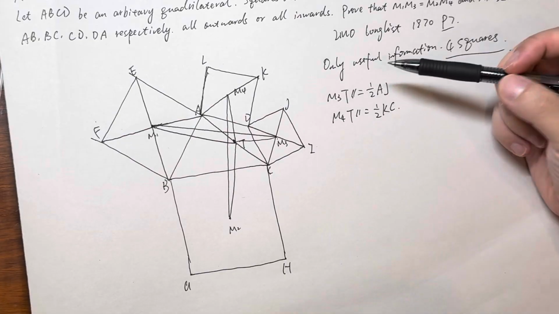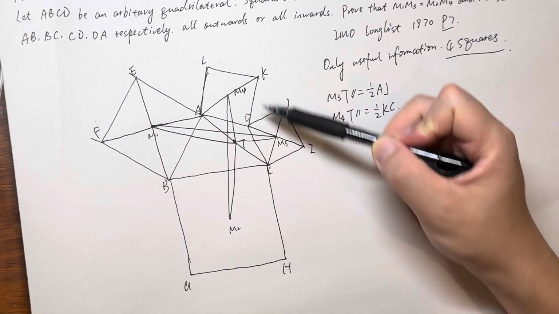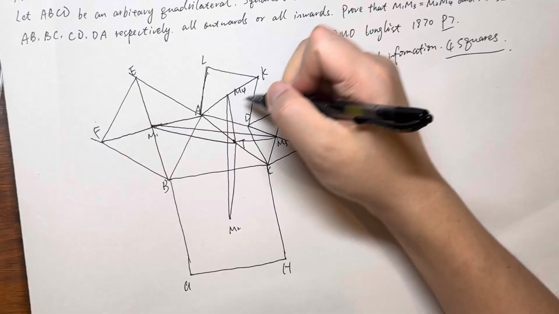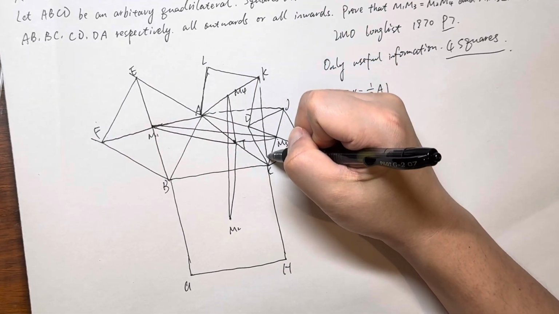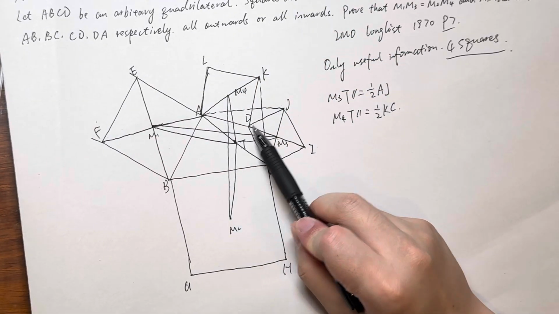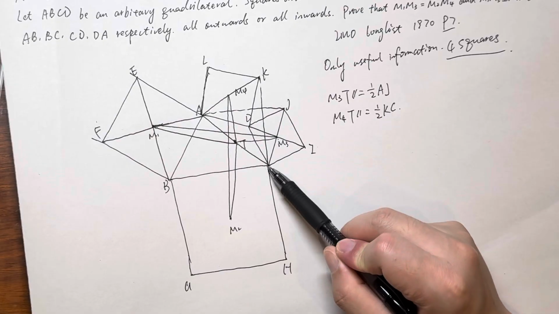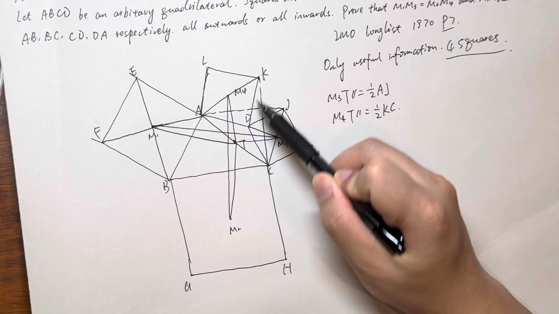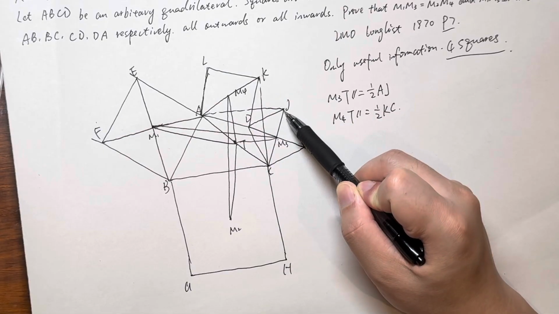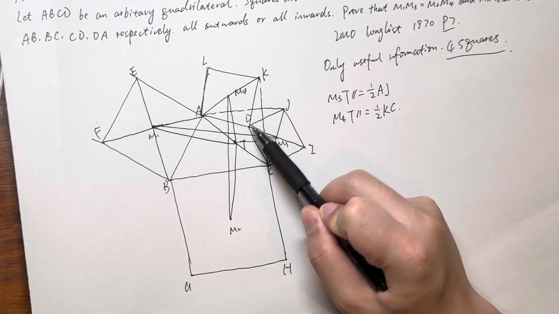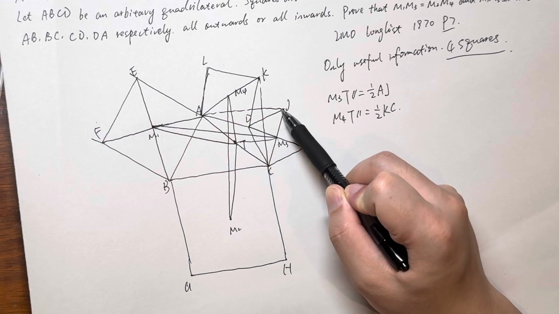So what's the relationship between AJ and KC? Then the problem is obvious because we know that angle ADJ equals angle KDC, right? Because angle KDC is 90 degrees plus angle KDJ, and angle ADJ is 90 degrees plus angle KDJ.